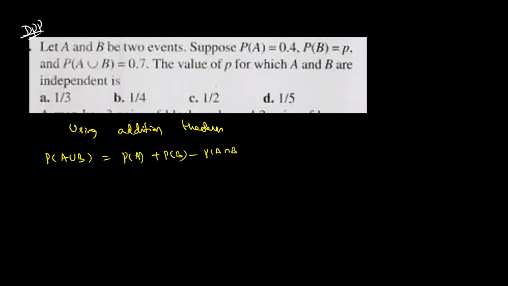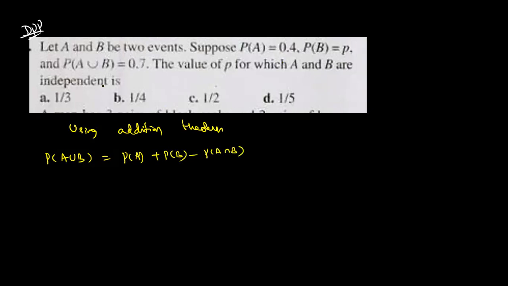How to approach this type of model using the addition theorem? I'm giving ideas. Using the addition theorem, P of A union B is equal to, what is the formula? P of A plus P of B minus P of A intersection B.